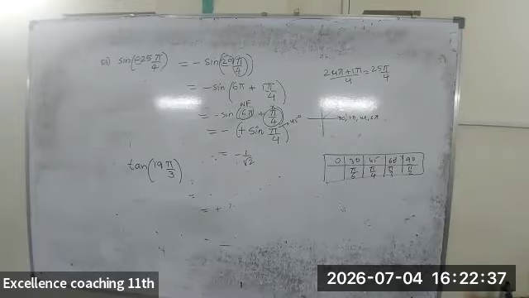Try the next one now. Tan of 19 pi by 3. Some mistake you did. Which angle? Who is x? Pi by 3 means how much? 60 degree.